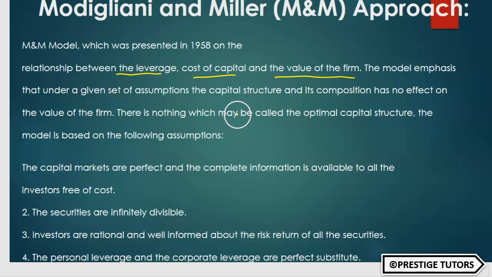M&M are of the opinion that, given a set of assumptions, the capital structure and its composition has no effect on the value of the firm. That means your cost of capital and the relationship between your debt and equity has no effect on the value of the firm.